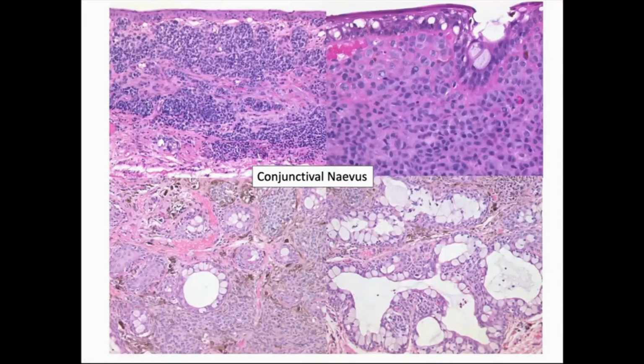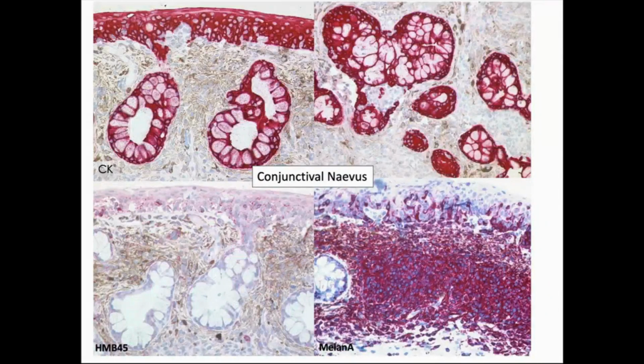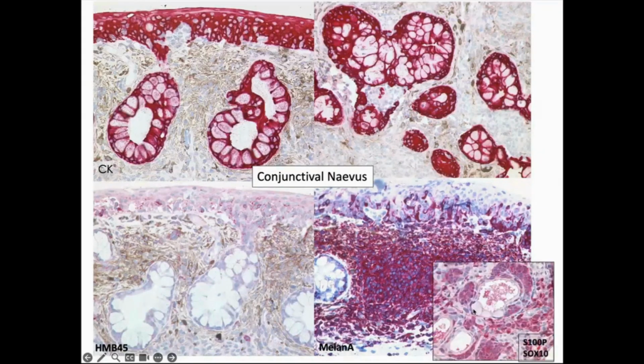As a result, you can get a rapid distension of a nevus, giving the false impression of malignancy. They can be purely stromal, but more often than not they are compound lesions. When we look at the immunohistochemistry, the cysts and the overlying surface stain with cytokeratins, but you tend to get superficial expression only of HMB45, whereas you get homogeneous staining of Melan-A and other melanocytic markers such as S100 protein or SOX10.